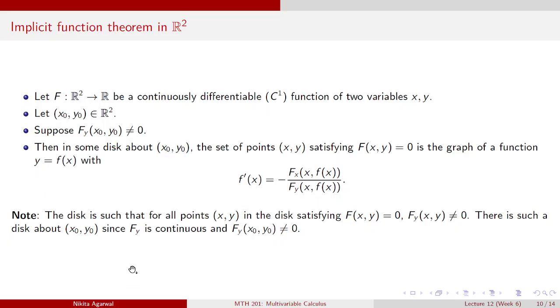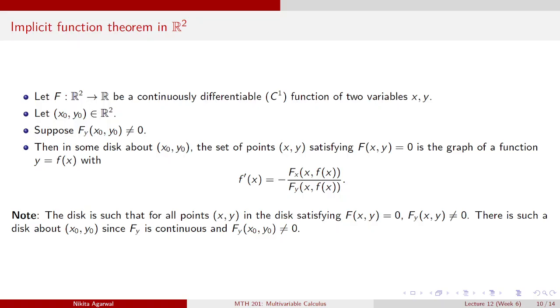Note that the disk is such that all the points x comma y in the disk satisfying fxy equal to 0 have the partial derivative with respect to y non-zero. And there is such a disk about x0, y0. Why? Because if at the point x0, y0, fy is non-zero, then there should be a disk around x0, y0 where it stays non-zero because it's a continuous function, right?